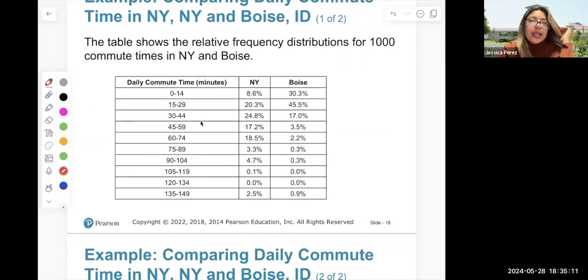This is the table that we're given, from 0 to 150 minutes, assuming, separated by percentages, the relative percentages between them, and they're 1,000 commute times. So they're giving us 1,000 data values.